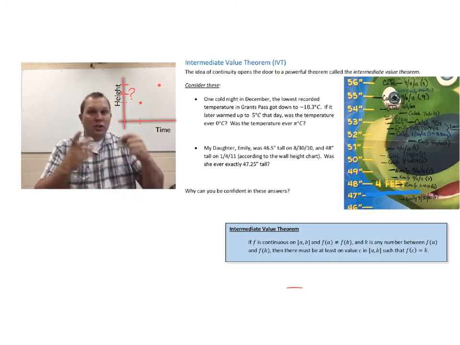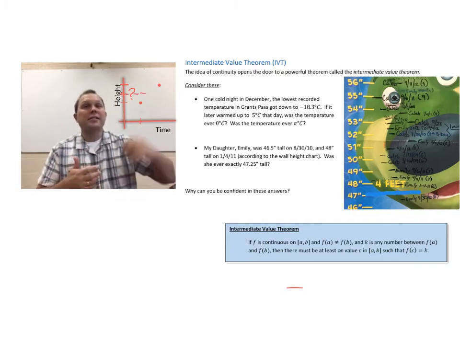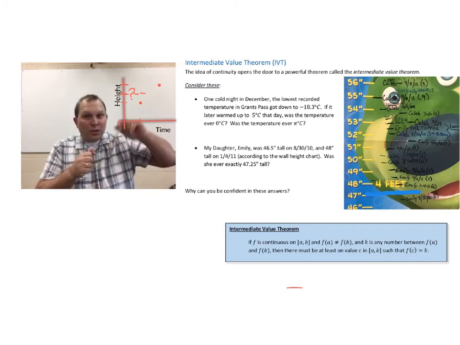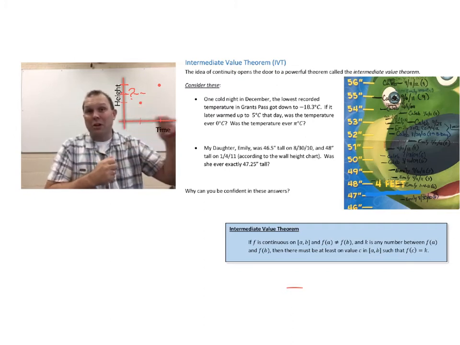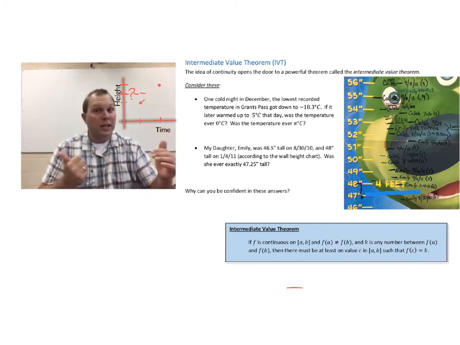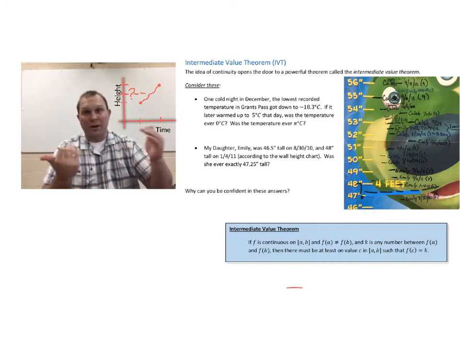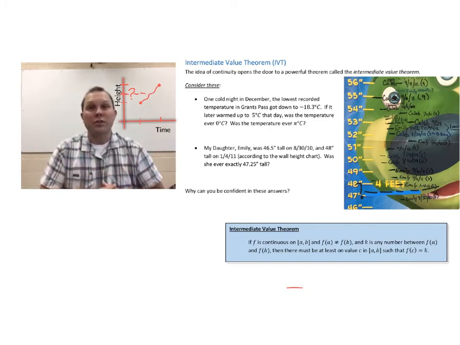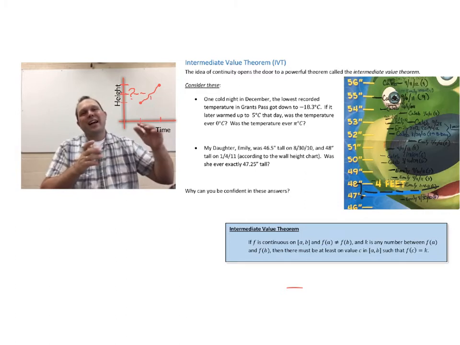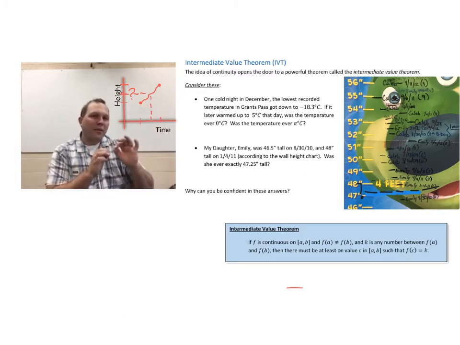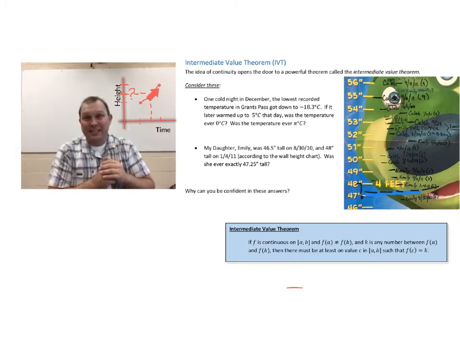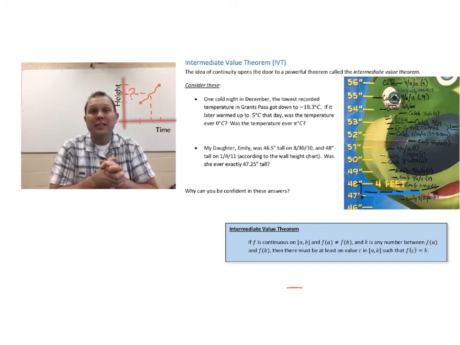Well, she'd have to be, right? Because growth is continuous, it might have happened in the middle of the night. I don't know if when you were a kid, you ever grew a whole inch like our kids did. It seemed like they grew an inch overnight. But at some point, you had to pass through every height, and that's because height is a continuous function.